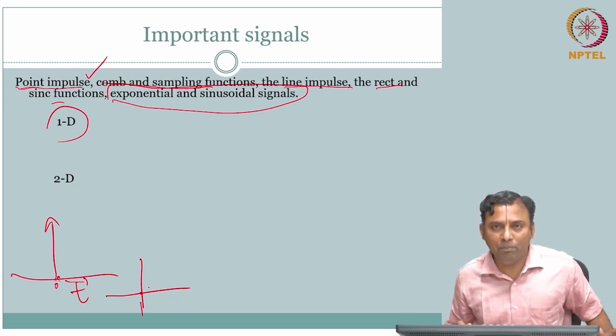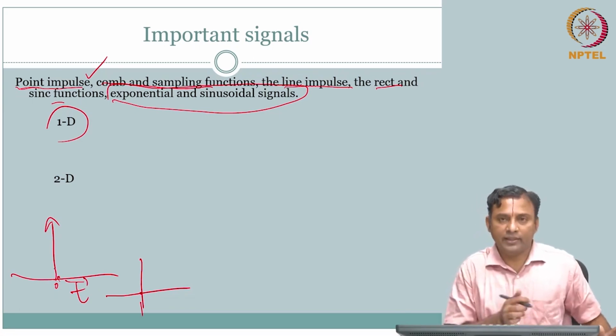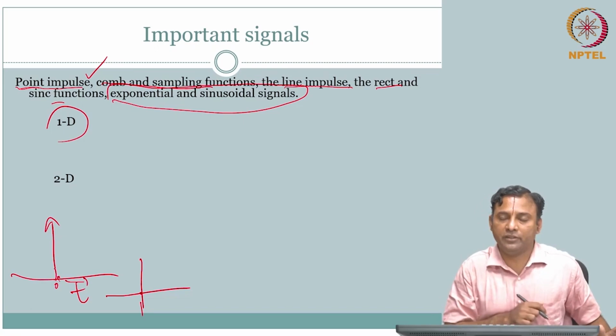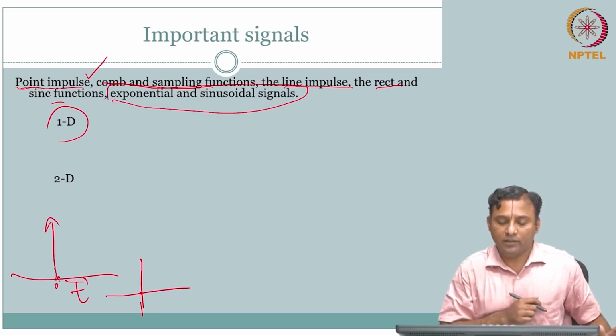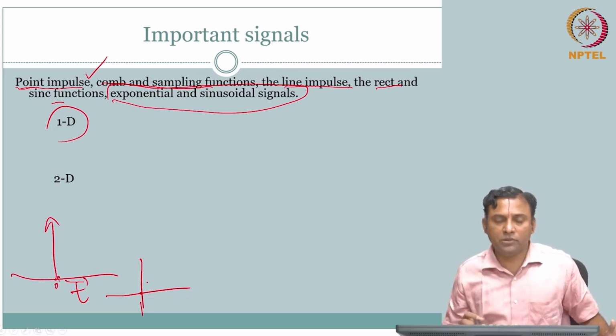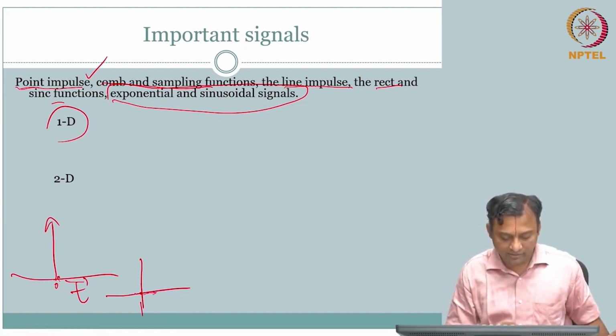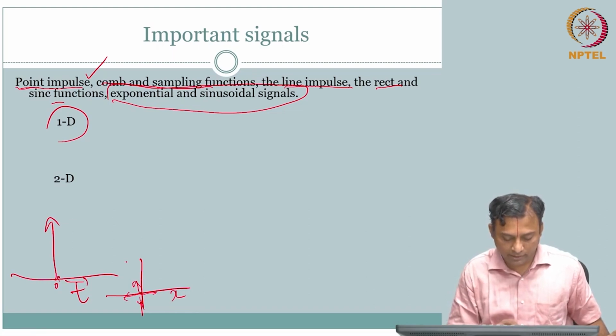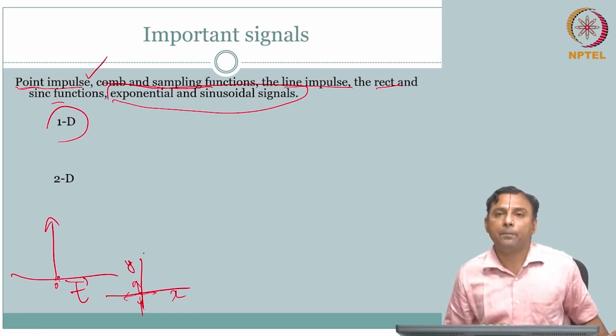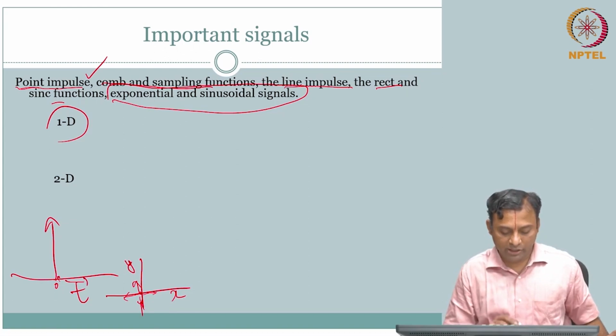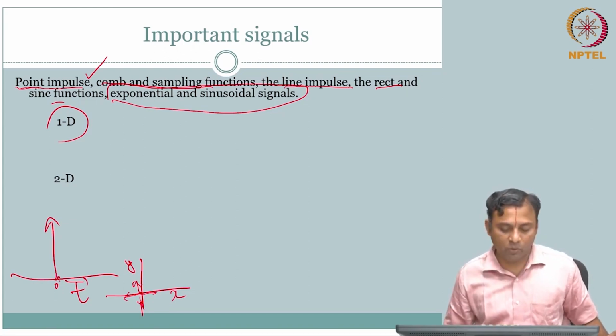So a point impulse is the same. It has all the energy at that location, zero width. It doesn't have anything on x or y; all the energy is packed at the origin of x comma y.